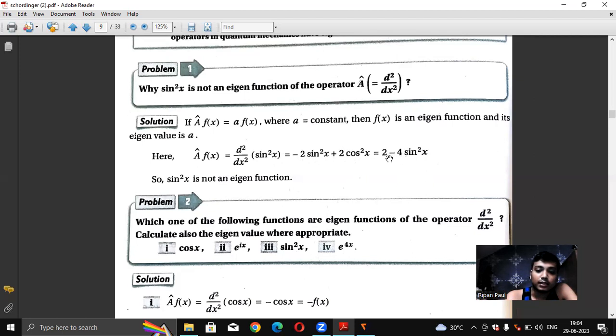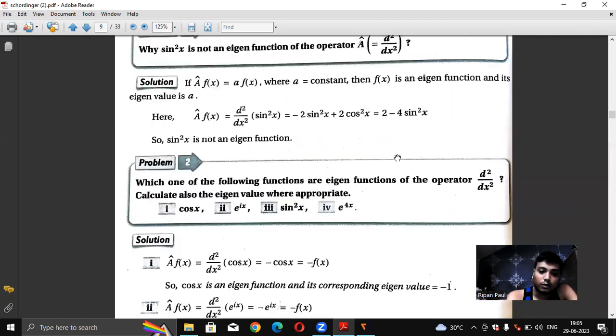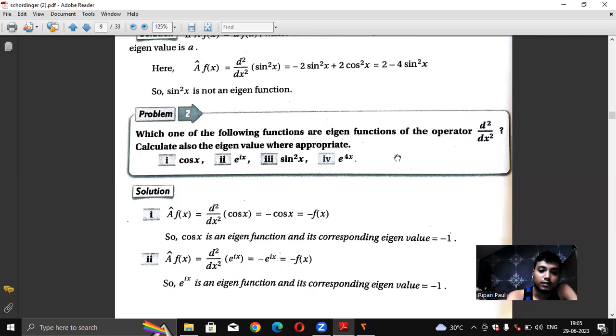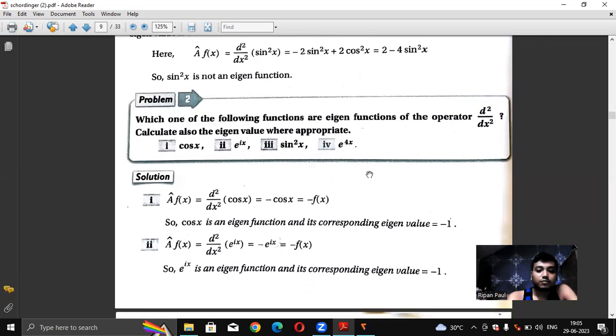Here the 2 minus means one more number is there. So how can you say this is the eigenfunction? See, one more problem I will say, then you will clearly understand. For cos x, there is minus 1 as the coefficient. But here the 2 minus is given, so this is not the eigenfunction.